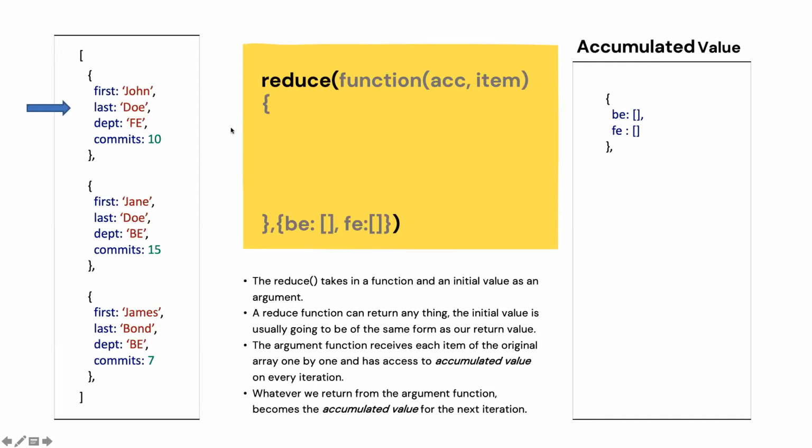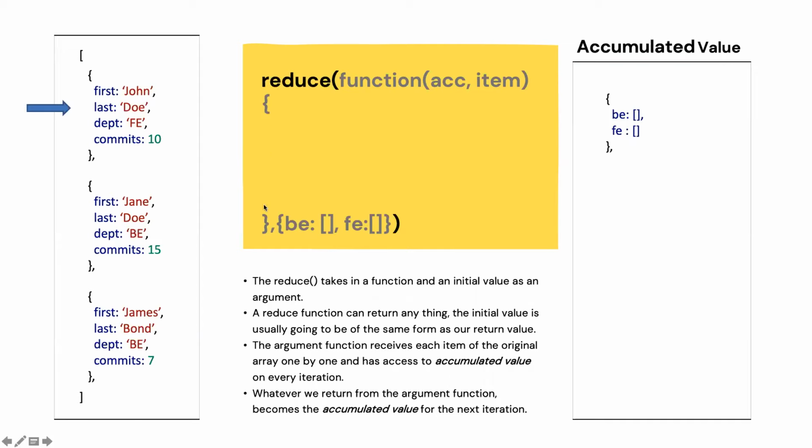We want the result to be an object, even though this is an array, with a property backend with a list of all the backend developers, and a second property frontend with a list of all the frontend developers. It's a fairly complicated task, but at the same time a very real world task. Usually we have to massage the data that we receive from API calls.